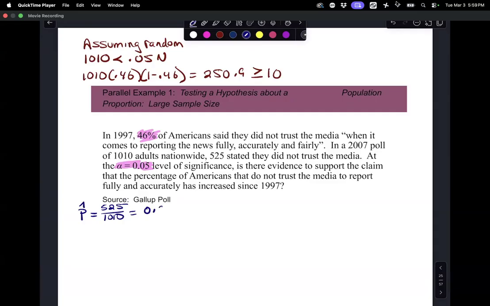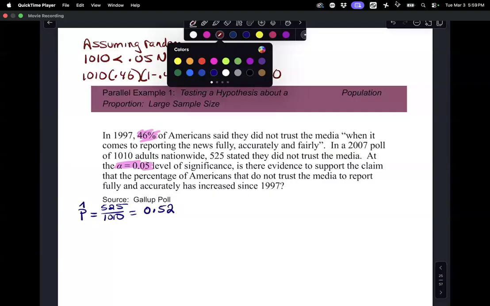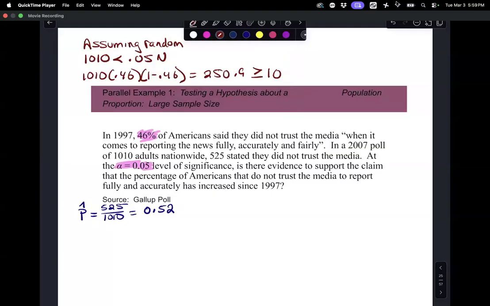So 0.52. That's what I'm going to use. Before I do anything else, I probably could have done this before my p hat, but it's just where the wind took me.